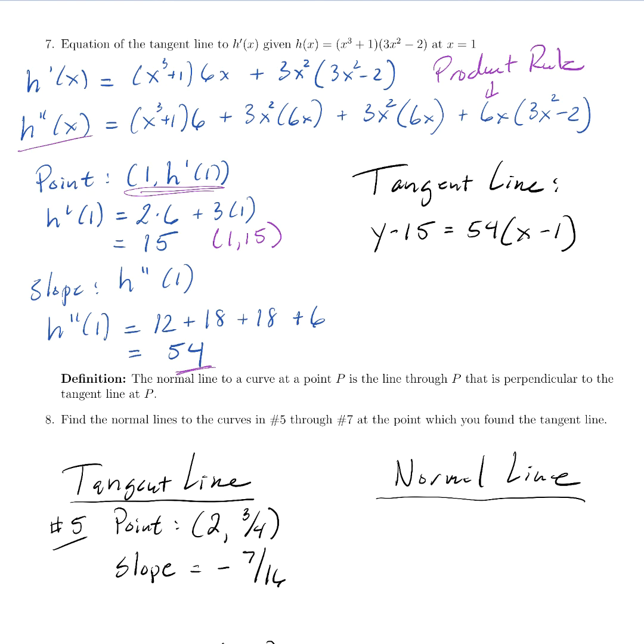And so our tangent line is y minus 15 equals 54 times x minus 1. And again, it's because we want a tangent line to the derivative. If we wanted a tangent line to h of x, we would have stopped at h prime. But we want the tangent line to h prime, so we need to go one step further to h double prime of x to get the slope of that tangent line.